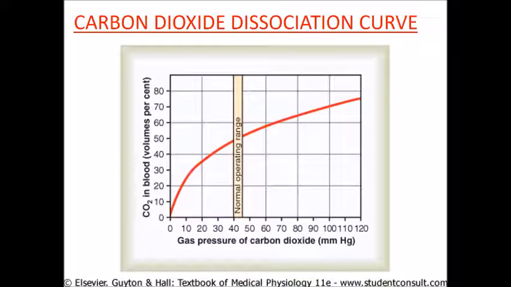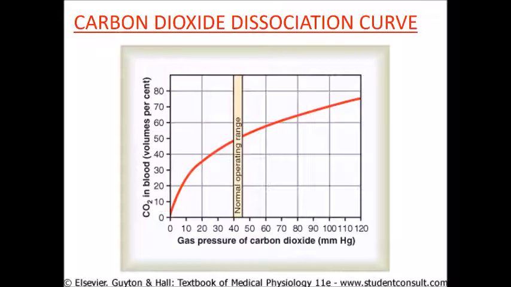Now, like in the case of oxygen, we also have a dissociation curve for carbon dioxide. You can see on the x-axis we have PCO2 in millimeter of mercury. On the y-axis we have volume percentage of carbon dioxide in the blood. You can see the shape of the curve also. Now we all know in the arterial blood the PCO2 is 40 and in the venous blood the PCO2 is 45 mmHg.